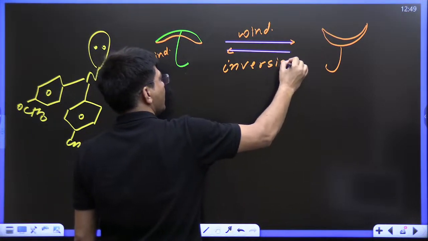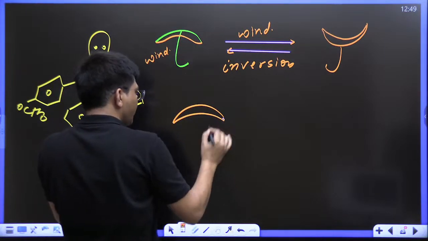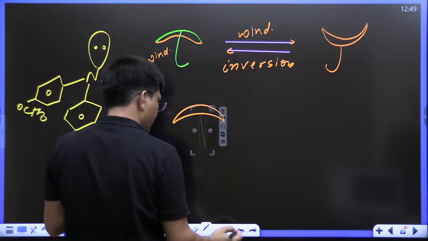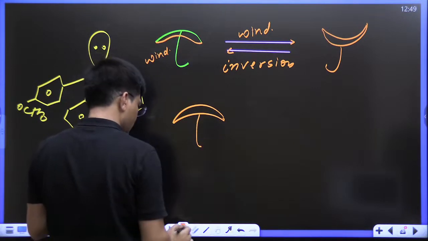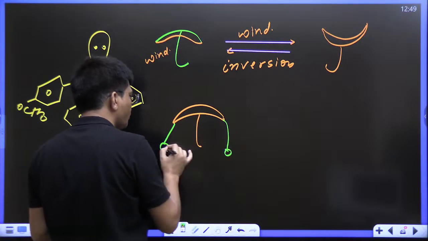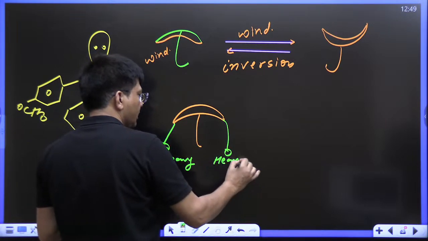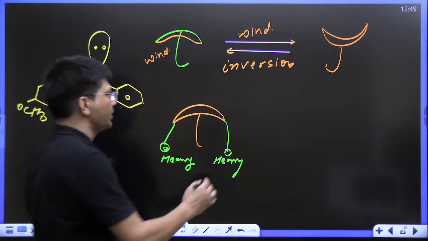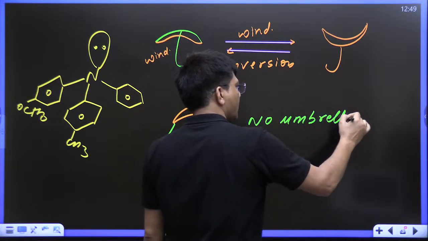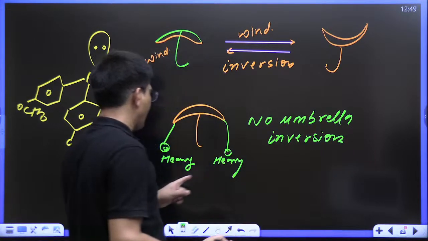But kids, if we put some weight over here, suppose I've tied it with a heavy stone. Now what do you think? Can the umbrella do inversion? No umbrella inversion, because of the heavy weight.